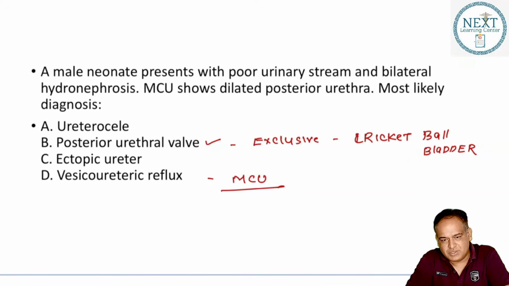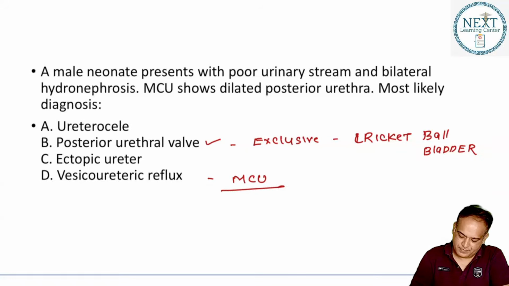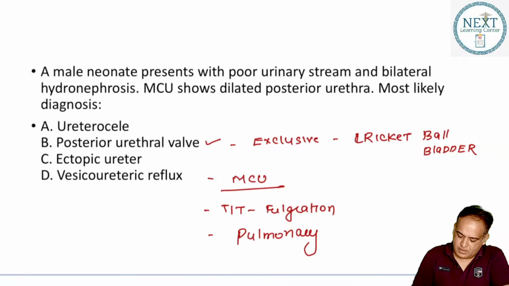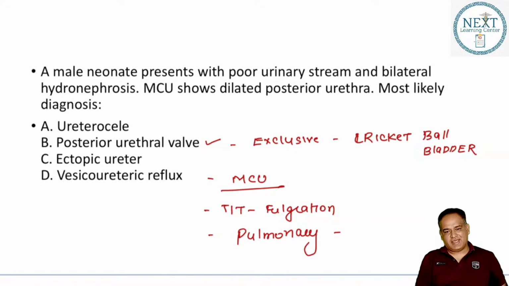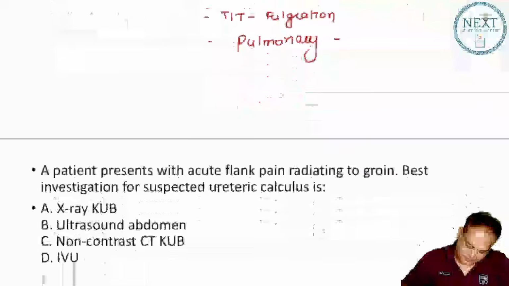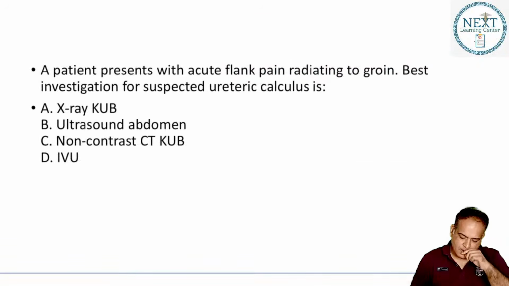MCU, micturating cystourethrogram. Fine. Treatment is cystoscopic fulguration. Cause of death: pulmonary hypoplasia, pulmonary complications are the frequent cause of death.